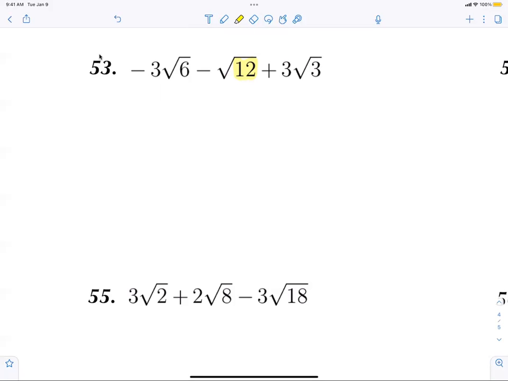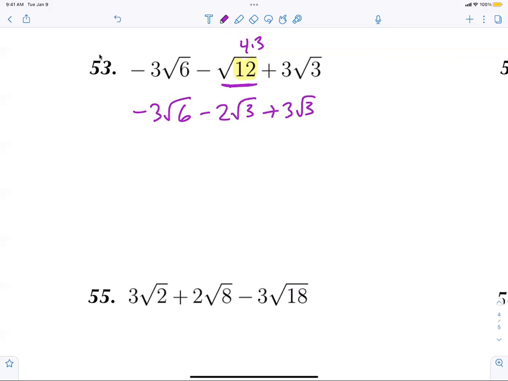12 is not a perfect square, but it has a perfect square in it. Someone help him. What is 4? That's right, 4 times 3. So everybody write down negative 3 radical 6 minus what? What is radical 12 the same as? Yes, exactly.